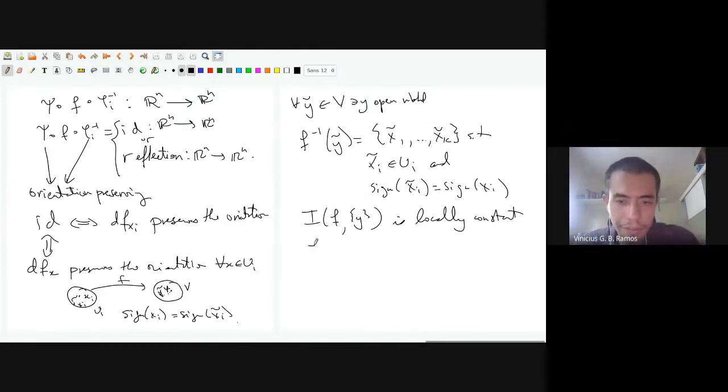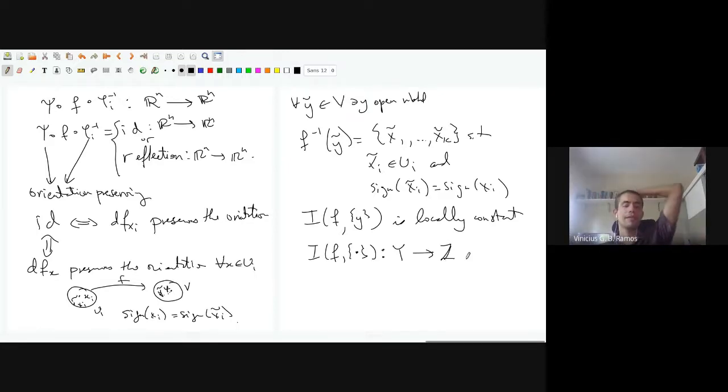You can think of this as a function from y to Z, which is locally constant.